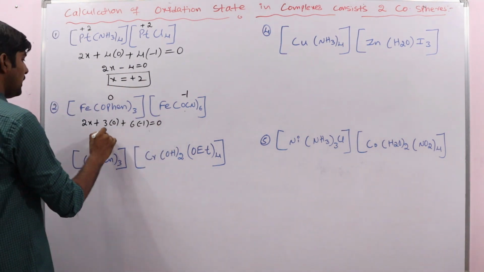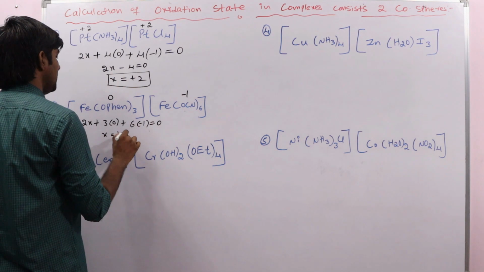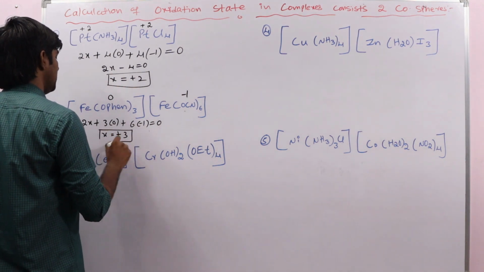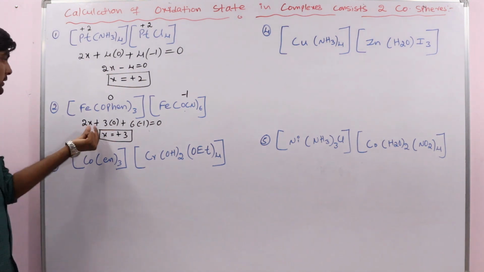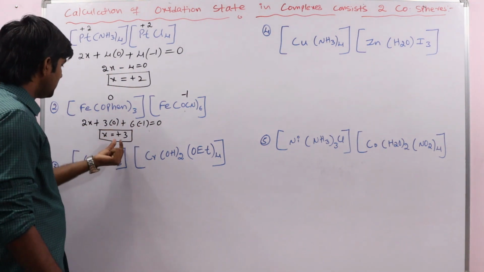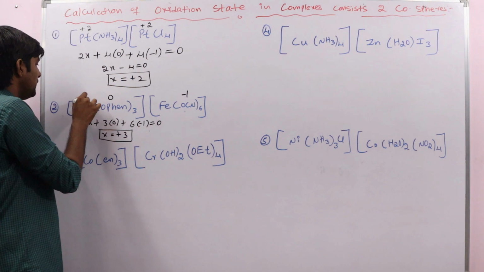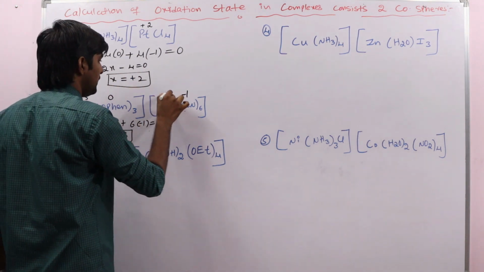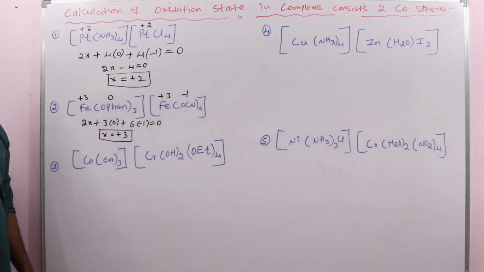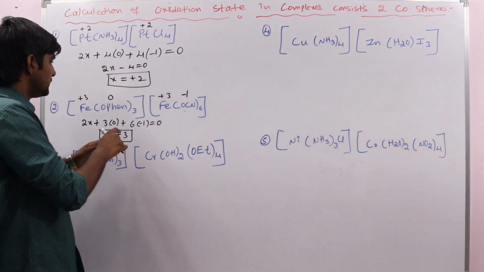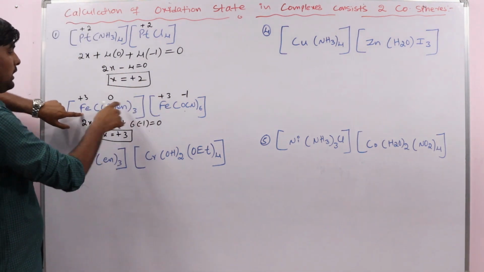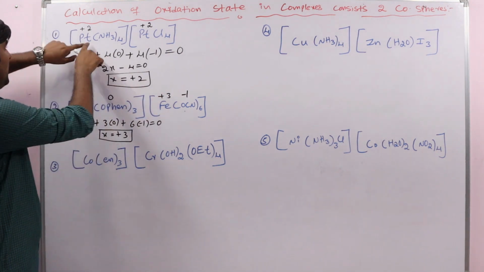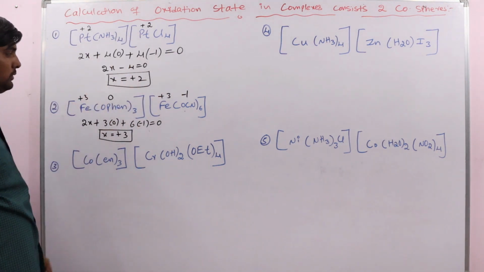After simplification, 2x equal to 6, x is equal to +3. So this iron carries +3 oxidation state, and this also carries +3 oxidation state. So the charge is equally present on both iron atoms.